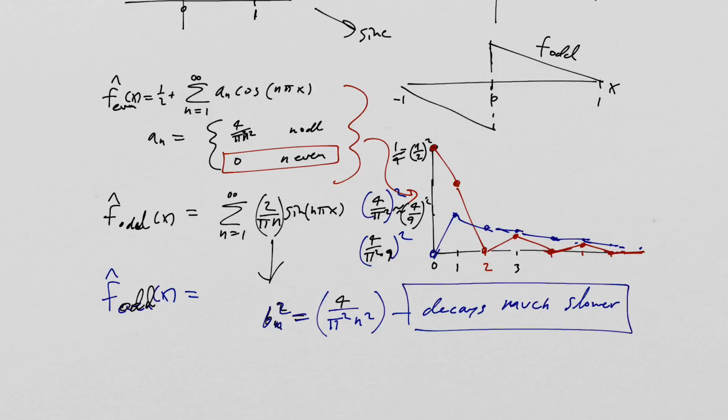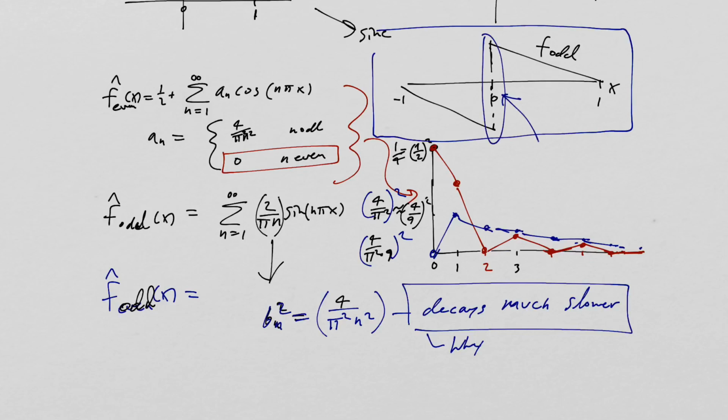So what's really key here is this decays much slower, and we might want to ask why. And recall, if we look at the odd extension, notice that there's a jump discontinuity. So jump discontinuities do something pretty intense to Fourier series and their power spectra.